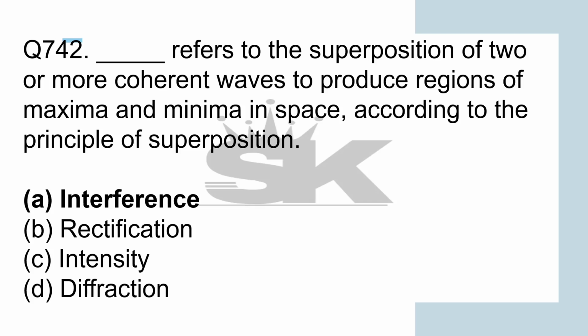In physics, interference is a phenomenon in which two waves superpose to form a resultant wave of greater, lower, or the same amplitude. Okay. Interference effects can be observed with all types of waves, for example, light, radio, acoustic, surface water waves, gravity waves, or matter waves. Okay.